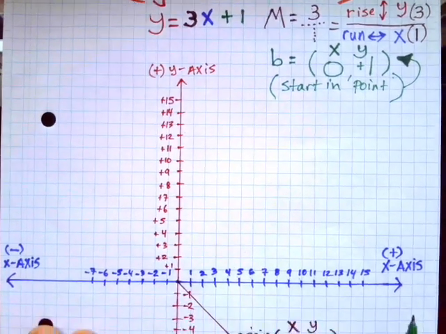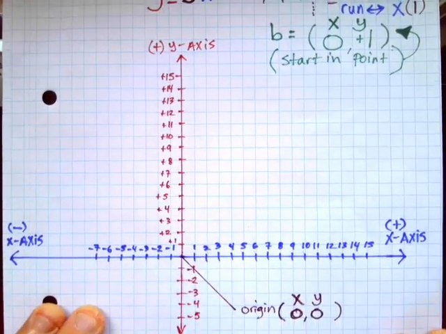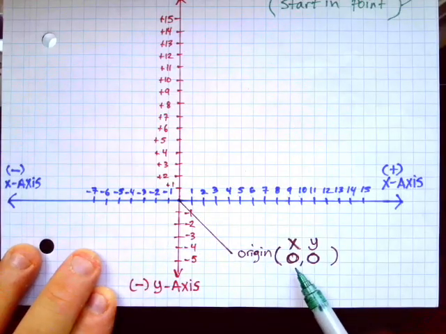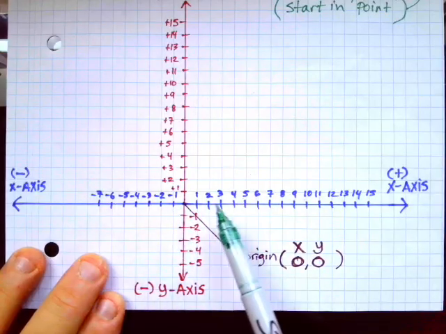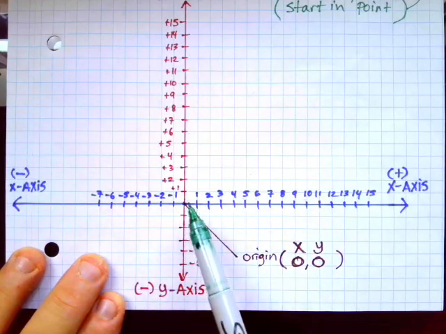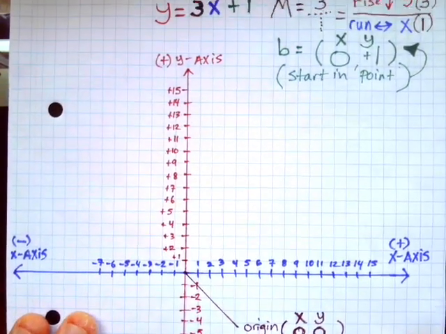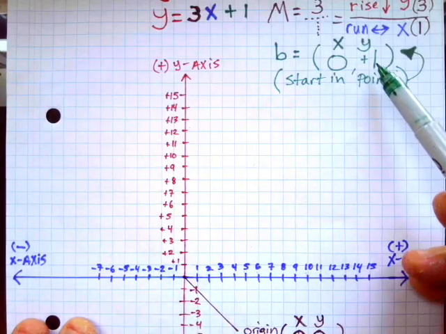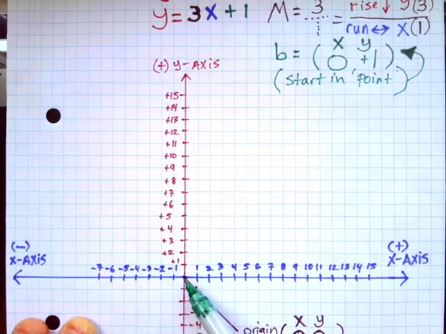Let me raise this up for a moment so I can show you the origin. In review, the origin is 0 for x, 0 for y, if you didn't know that. Typically, before you plot your ordered pair, you start at that origin. But since our y-intercept is at 0 for x, 1 for y, that's where I'm going to start to plot my point. 0 for x, positive 1 for y.